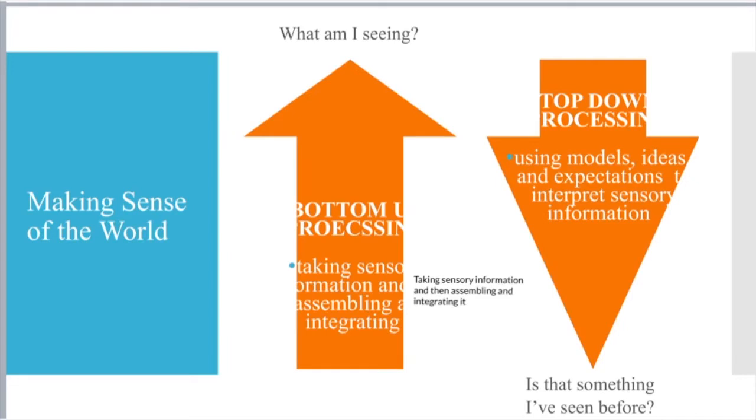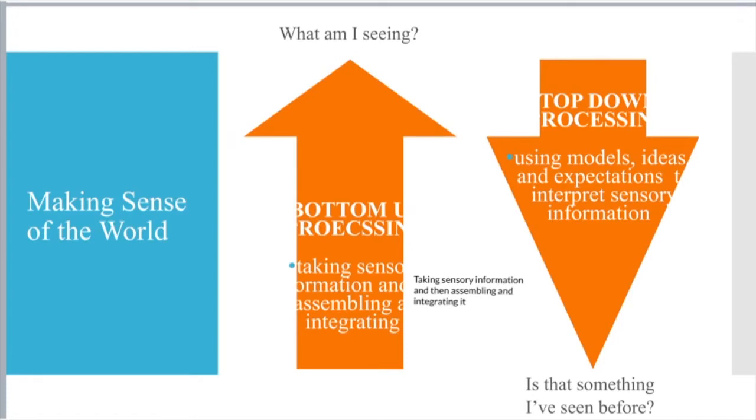Bottom-up and top-down processing are very important to our understanding of these ideas. So bottom-up processing is taking sensory information and then assembling and integrating it, right? That's the idea that we see something, we actively think about it, and we actively piece the puzzle together to interpret or figure out what's going on.